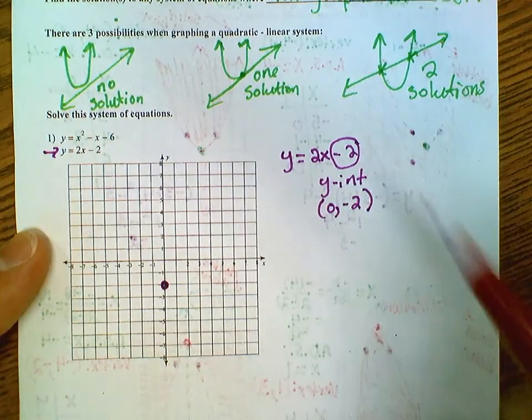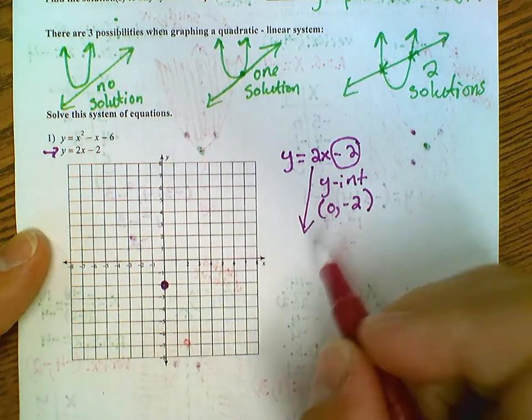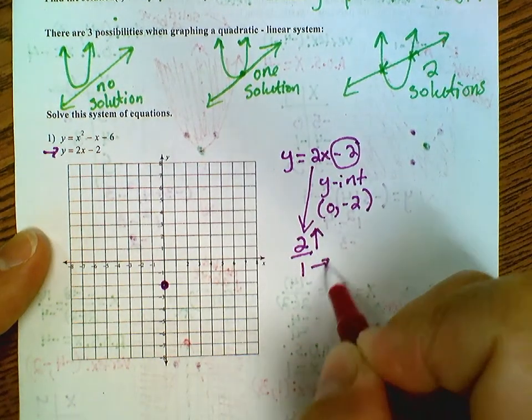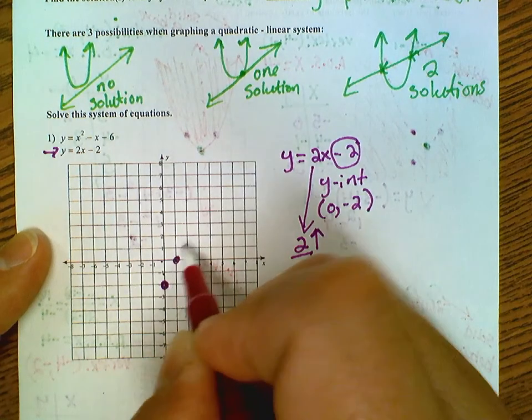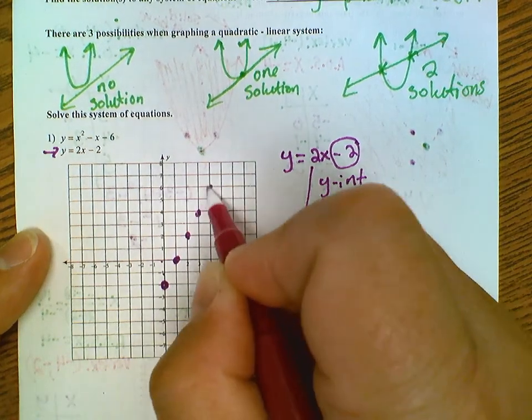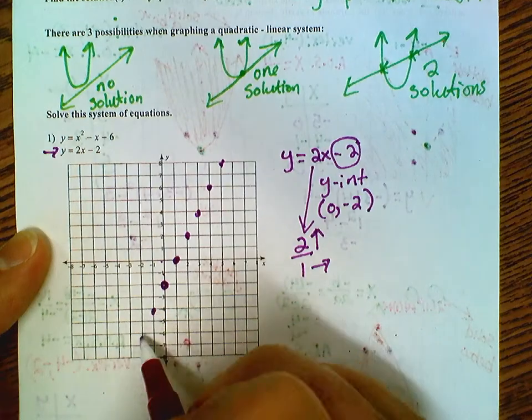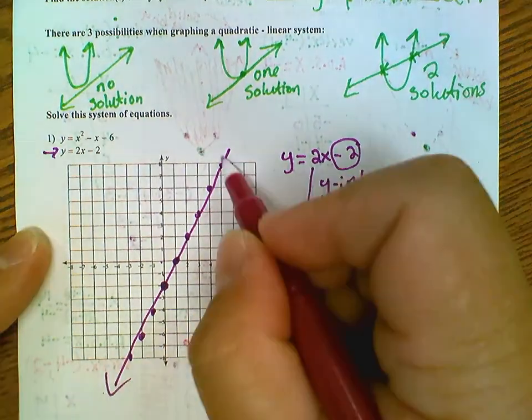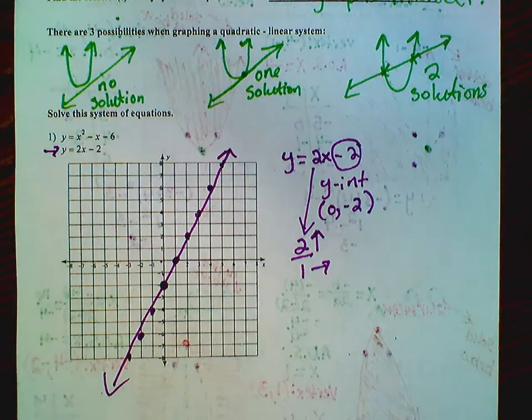And then from there, I use my slope. 2 over 1 tells me up 2, right 1, up 2, right 1. And it's very easy to count this out and to get my line because we have no idea where that parabola is going to go and where they might intersect. So I like a nice long line.